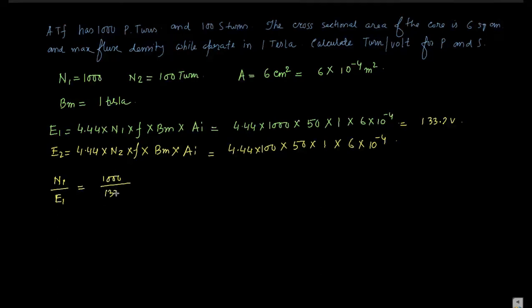So 1000 by 133.2 is almost 7.5, and N2 by E2 becomes N2 is 100 by 13.32, because the only difference is this is 1000, this is 100. That is also 7.5. So the number of turns per volt becomes 7.5. The turns per volt of the primary and secondary side are the same.